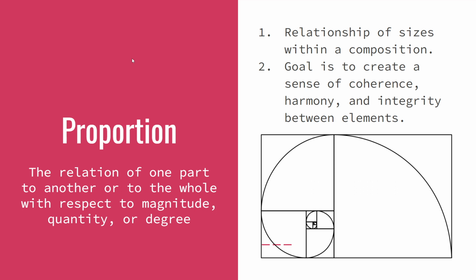But things need to be in proportion to each other. So if you have one large element, you need to have a proportional amount of small elements to make your design feel coherent. If you have an element on the left side, but no element on the right side, it is not proportionally weighted, so it is not going to feel harmonious.